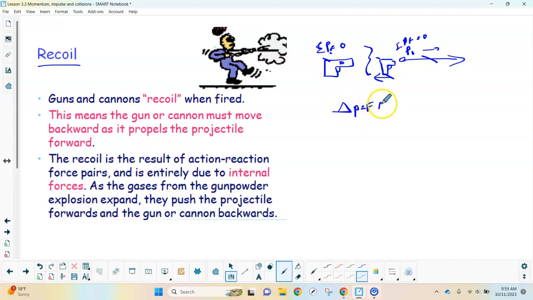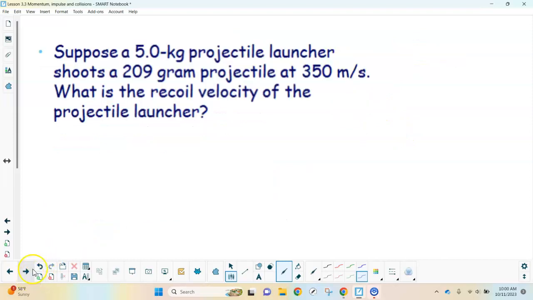The force and the time are the same. The force is an action-reaction pair: the gun pushes the bullet to the right, and the reaction is the bullet pushes the gun to the left. They act for the same time, so you get the same change in momentum. One's just positive and one's just negative. And that makes sense, right? If you had a positive momentum of the bullet, you'd have an equal and opposite negative momentum of the gun, and the total momentum would still be 0.